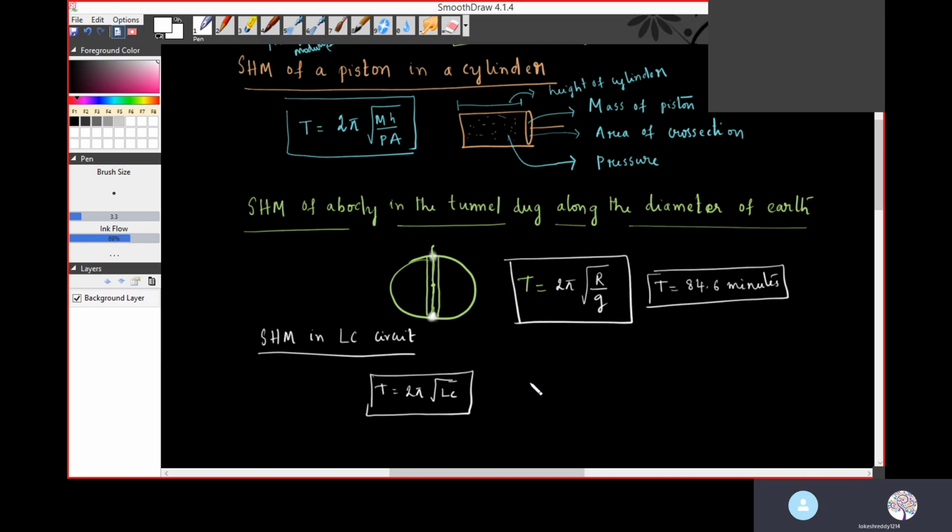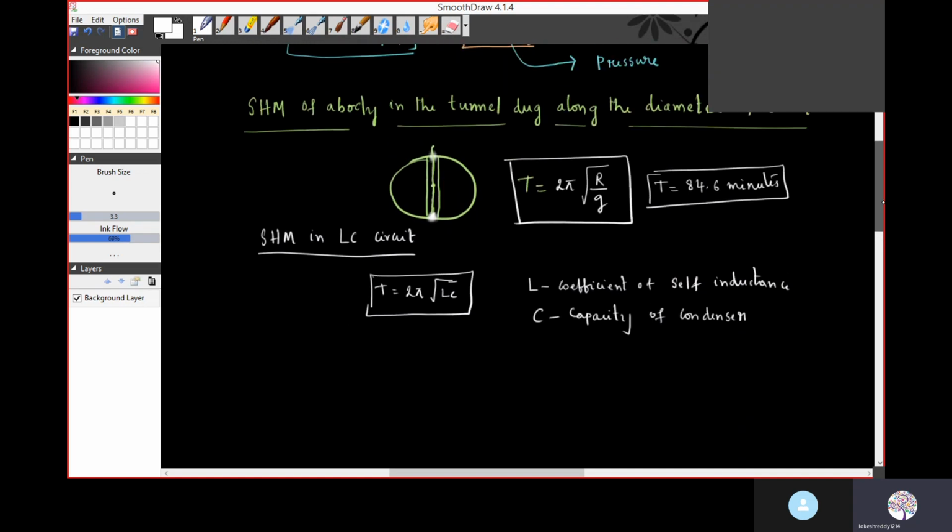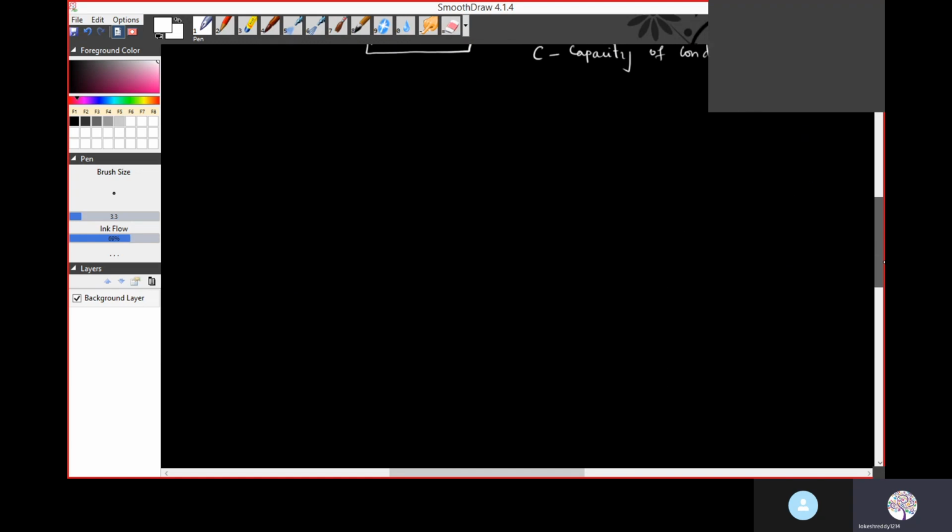L is the coefficient of self inductance, and C is the capacity of the conductor, or capacity of the condenser or capacitor.